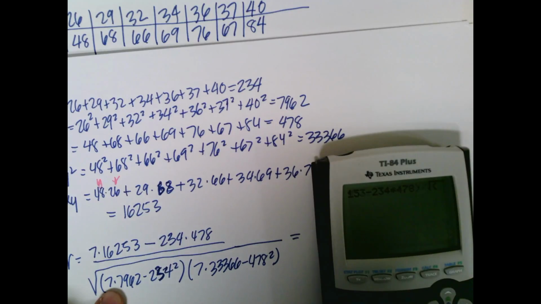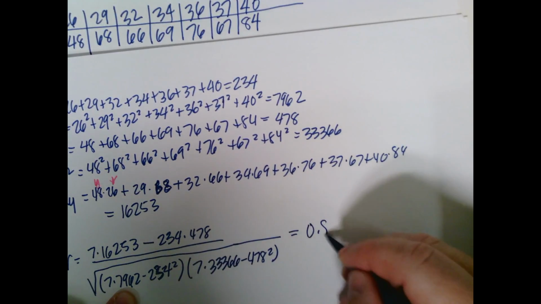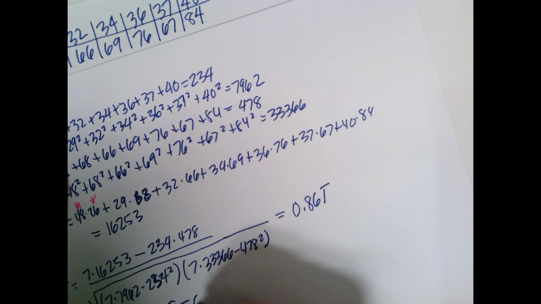Parentheses 7 times 7962 minus 234 squared, and then we have 7 times 33366 minus 478 squared, and hit enter. We get 0.861 repeating. So this is rounded off, we'll call R 0.86.